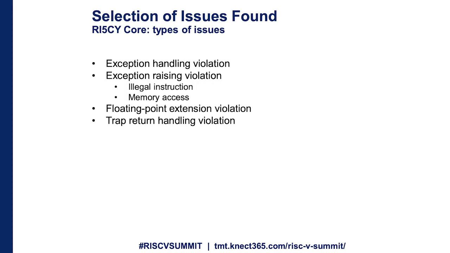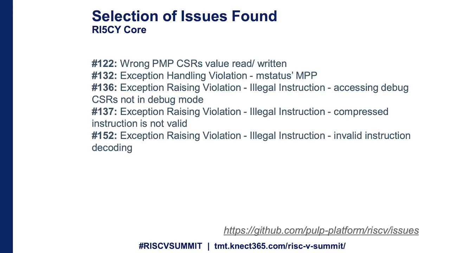There are so many that we classify them into classes, like exception handling violation, exception raising violation, some floating point extension violation, and some trap return handling violation. These are reported on GitHub; you can go and check them out. But the bugs that are identified are not trivial bugs.